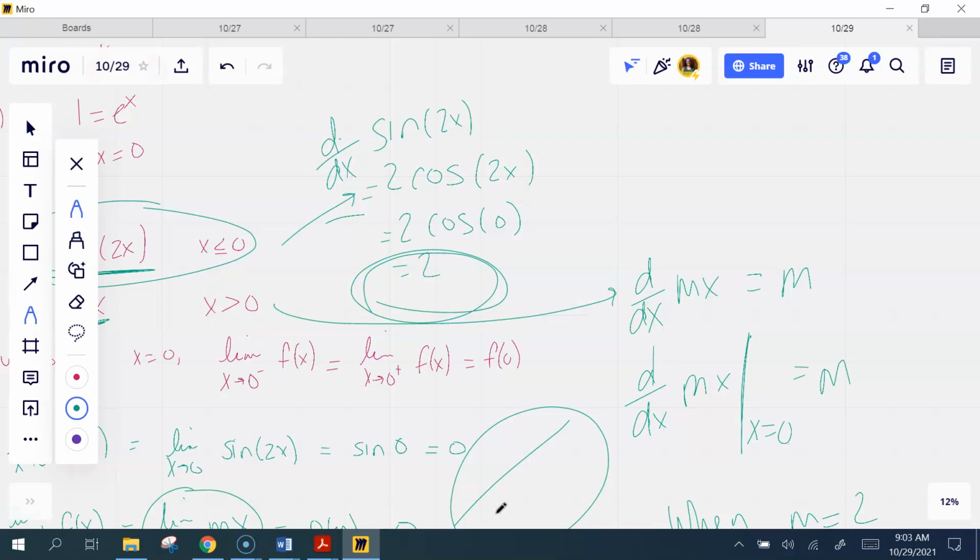We need to know what m is. If m is 2, then yes, it's differentiable at x equals 0. Any other value, it would not be differentiable. And it makes sense because it's yes at m equals 2.